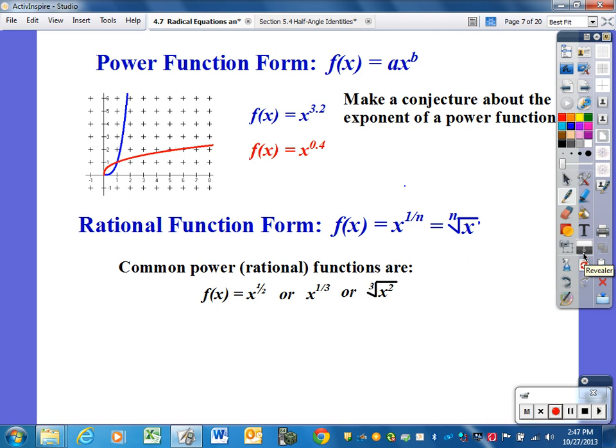The ones that we will be graphing are x to the 1/2 power. Again, that would be like 0.5, so it would be similar to this red one. X to the 1/3, that would be 0.3 repeating, again will flatten out.